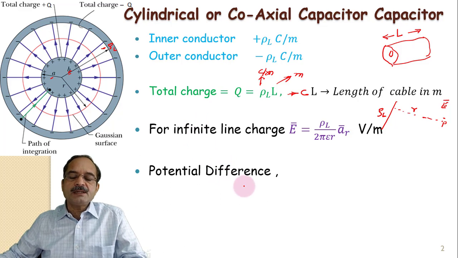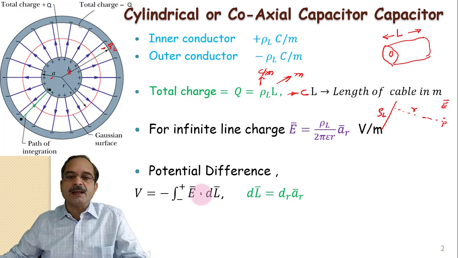Now, to know the potential difference, we will evaluate this integral V equal to negative integral from negative to positive of E dot dl. Negative means this is the negatively charged conductor with radius b, and positive means the positively charged conductor, that is the inner cylinder with radius a.